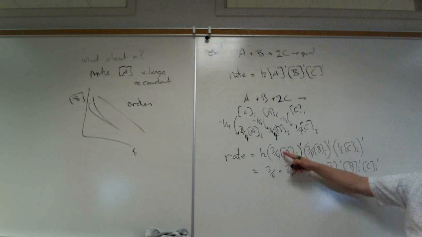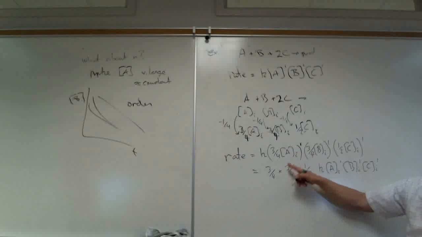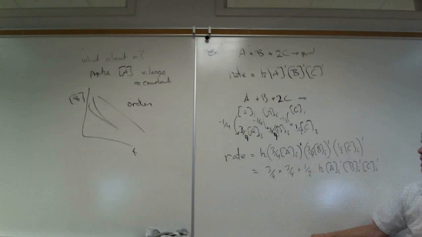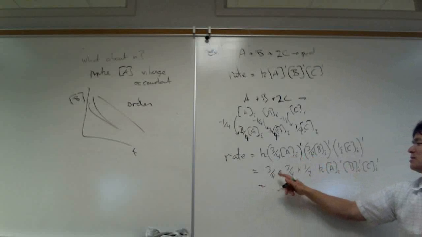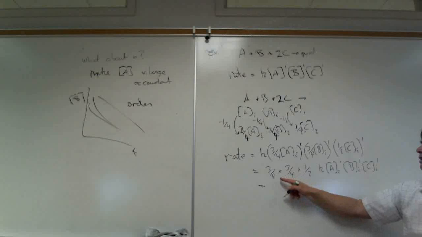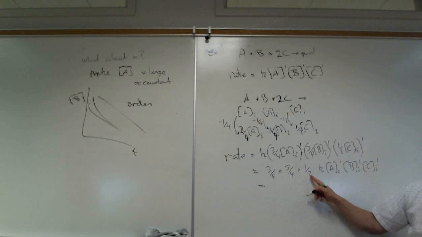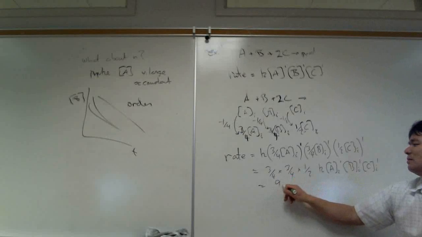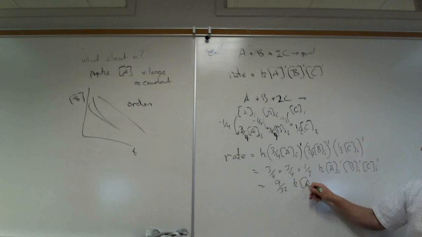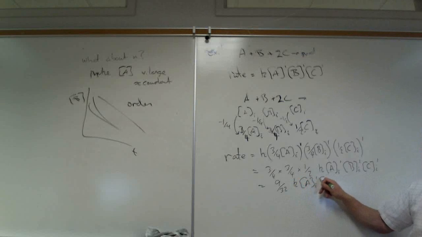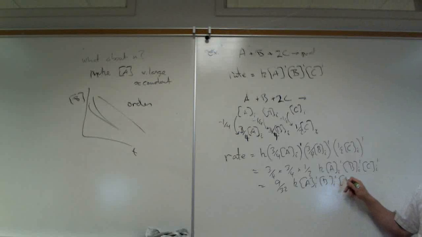So even though I cut A, the overall rate is going to be impacted by not just A, it's A, B, and C. 3 times 3 is 9, 4 times 4 is 16, times 2 is 32, so it's going to be 9/32 the original rate. The original rate is just K, A initial to the first, B initial to the first, and C initial to the first.